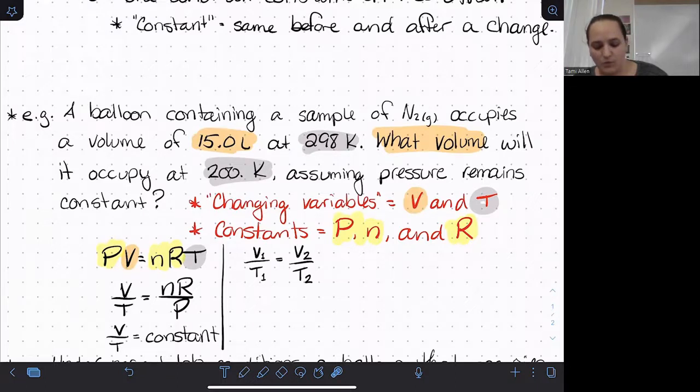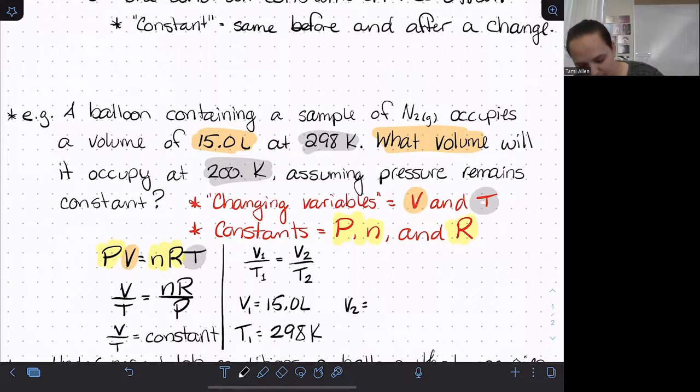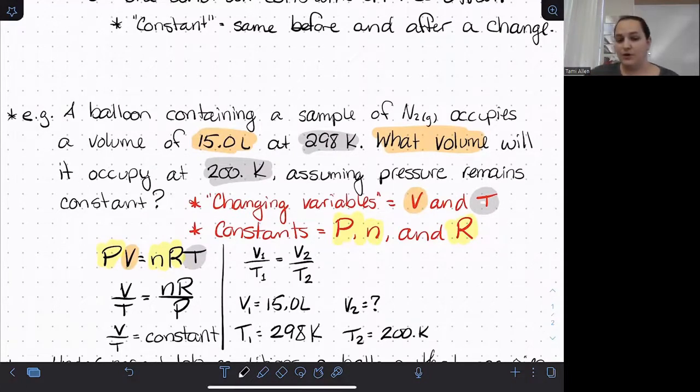We're told when the temperature is 298 Kelvin, the volume is 15 liters. So if I'm saying that V1 is 15 liters, at that same point in time, the temperature was 298 Kelvin. It doesn't matter if I call those 1 or 2, but they do have to be the same number. Then the other volume is what I'm solving for: the volume when the temperature is 200 Kelvin.